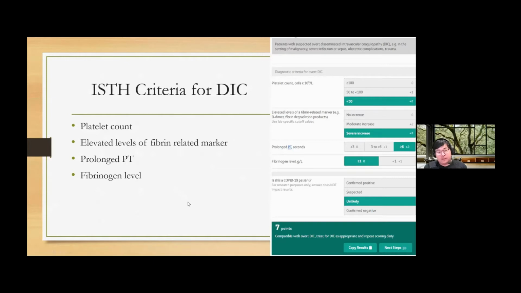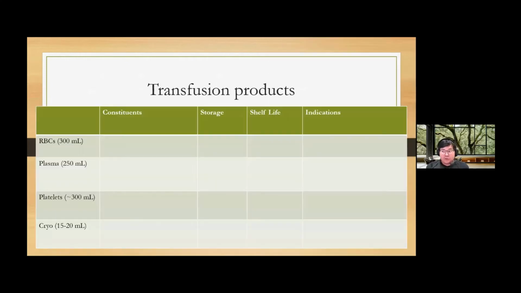Before we talk about how we treat DIC, we have a couple of transfusion products. There are 4 major ones that we hand out in the blood bank: red blood cells, plasma, platelets, and cryoprecipitate.